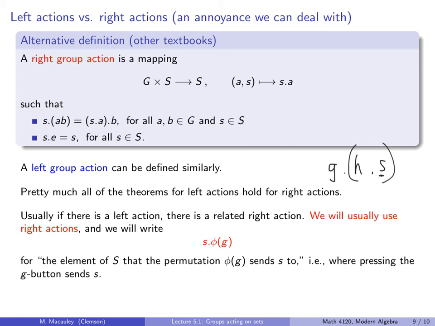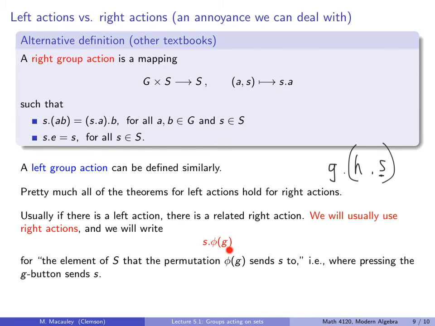Now, many books will write it like this up here. They omit the phi. I like to have the phi in there. It just helps to remind me that this is indeed a permutation. G is a group element. Sometimes if you have A's and S's both here, it's easy to forget if A is a group element or a set element.